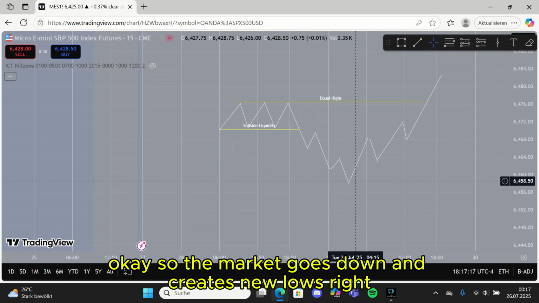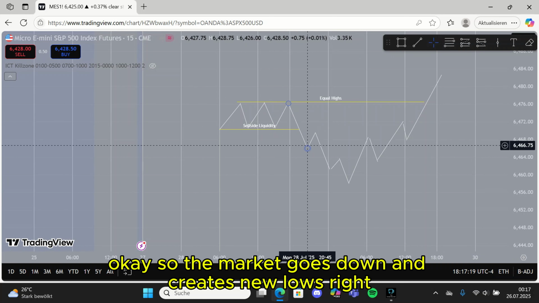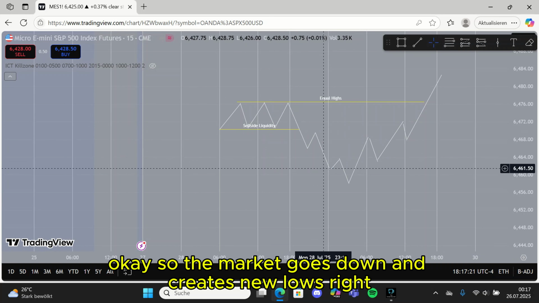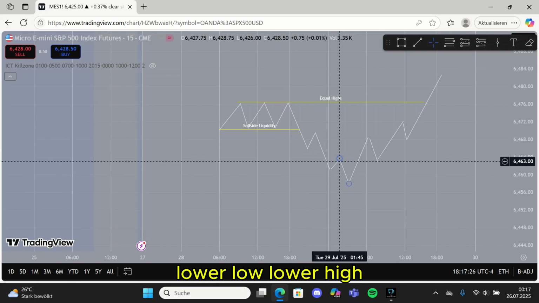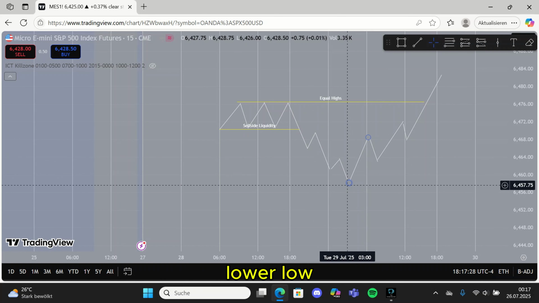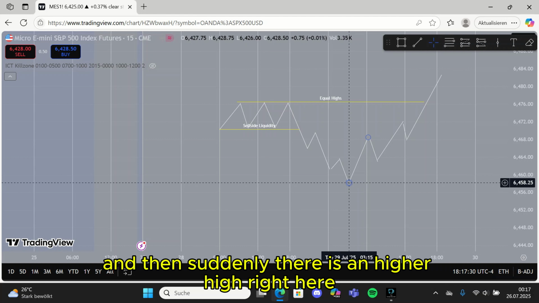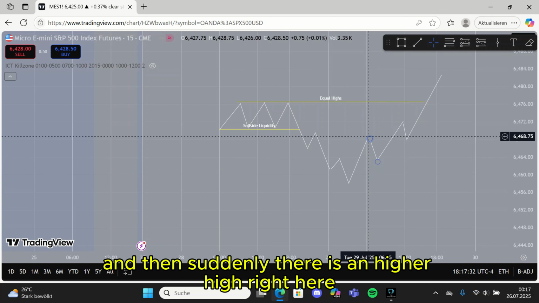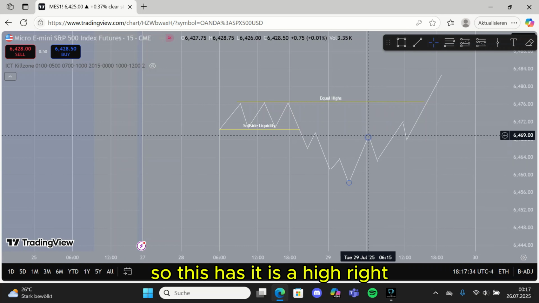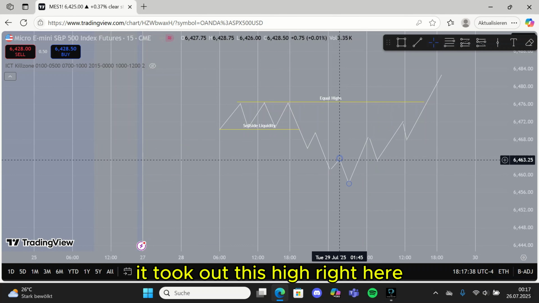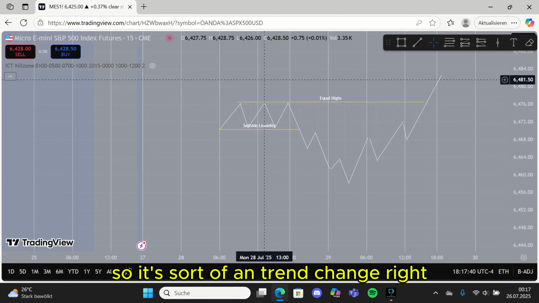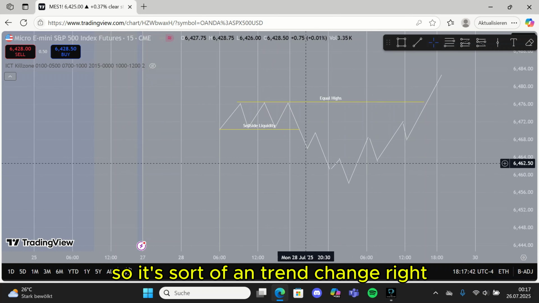Okay, so the market goes down and creates new lows, right? You can see it's low, high, lower low, lower high, lower low. And then suddenly there is a higher high right here. It took out this high right here. So it's sort of a trend change, right?